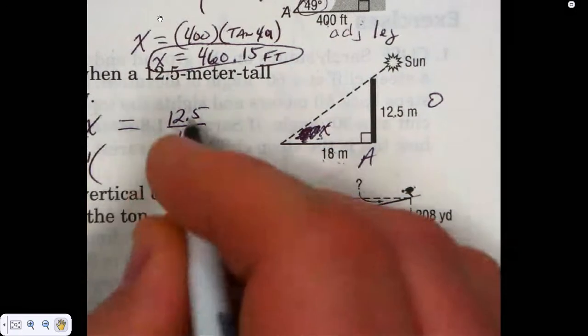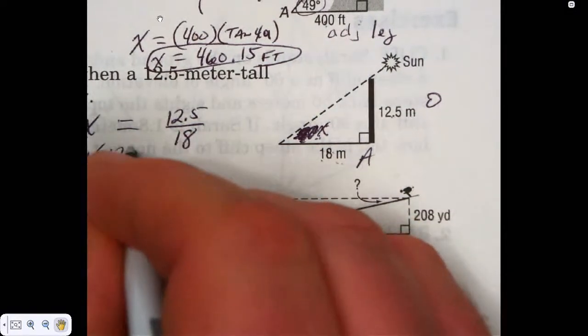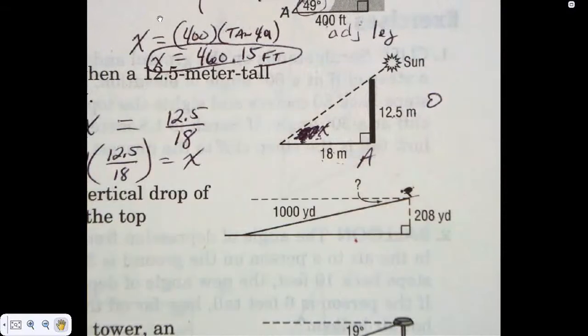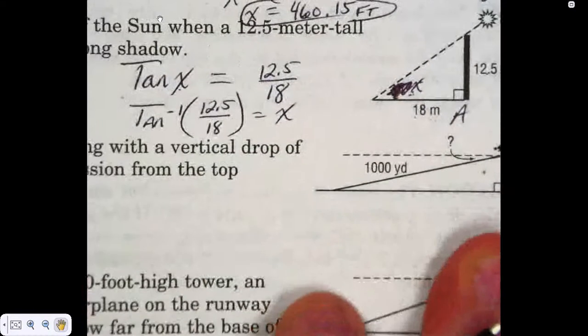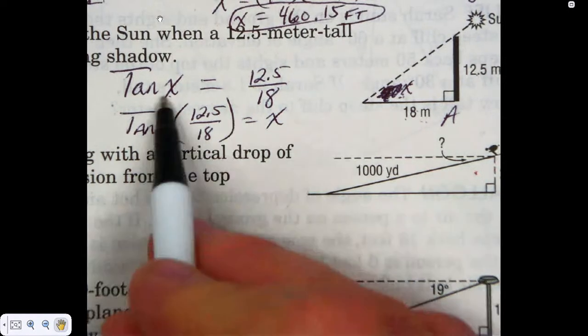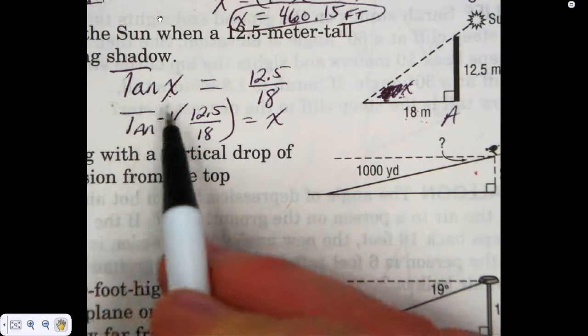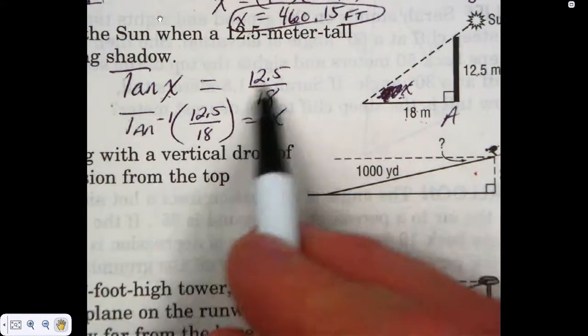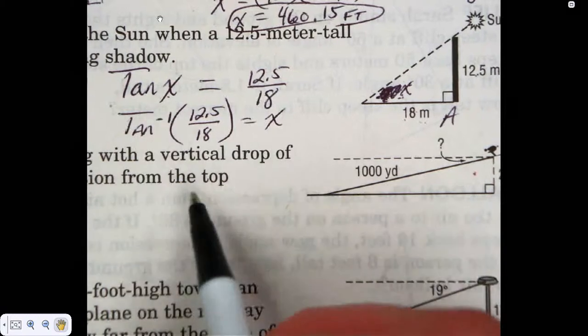Tangent to the -1 of what? 12.5 over what? Is equal to x. Guys, it's not that hard. It's just odd. But aren't you doing the same thing over and over? Anytime the angle is unknown, that's the easiest one if you want to know the absolute truth, because there's nothing to do except go that divided by that, press inverse tangent, right?